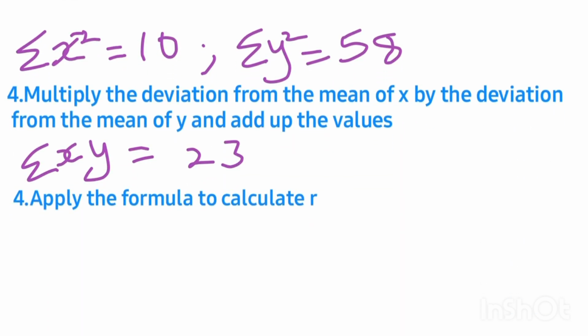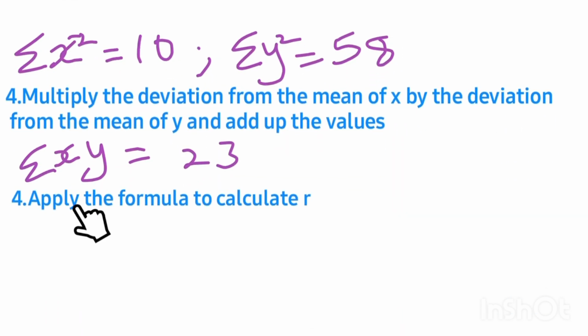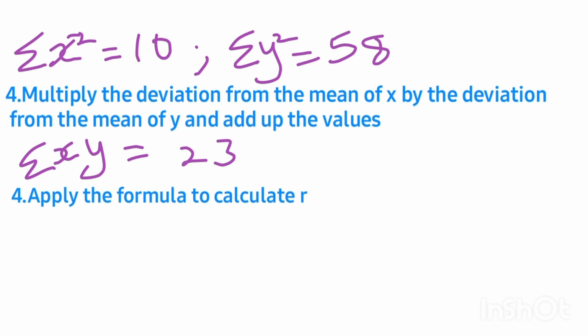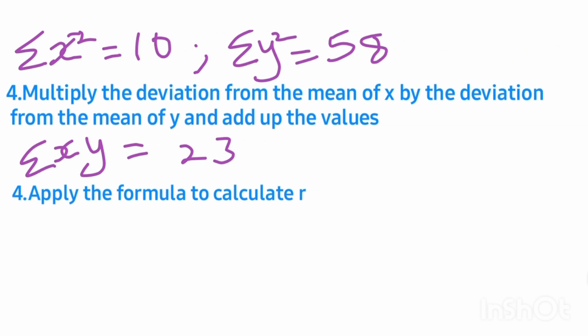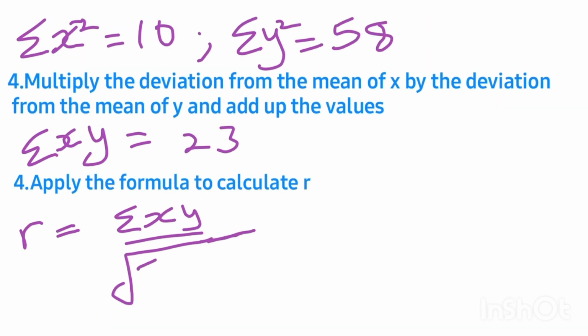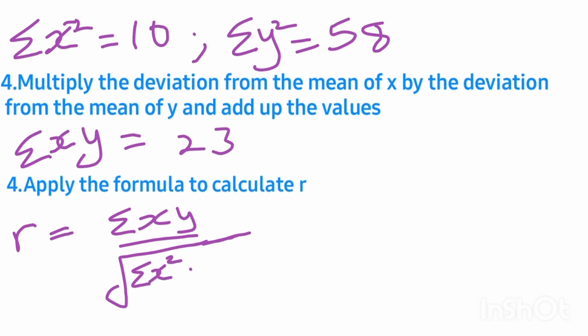Finally, step 5 says apply the formula to calculate r. The instruction is to use the direct method, right? The formula for calculating the coefficient of correlation using the direct method goes as summation xy over the square root of summation x squared times summation y squared.